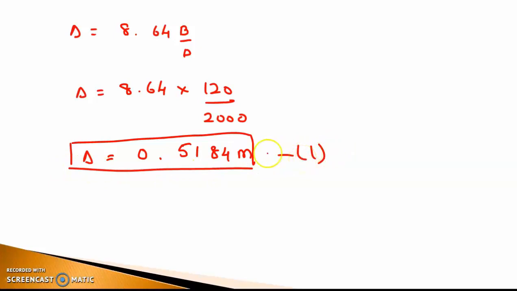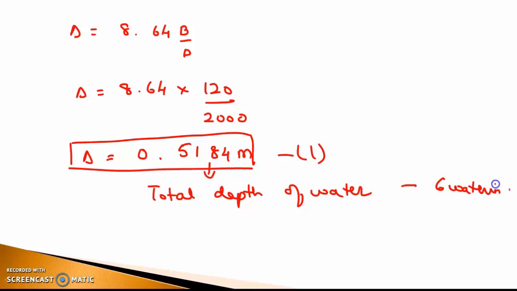You should also understand from this that this 0.5184 meter of water is the total depth of water which is to be supplied to the crop in 6 waterings. In the next part of the question, they are asking us to find the depth of water in each watering.